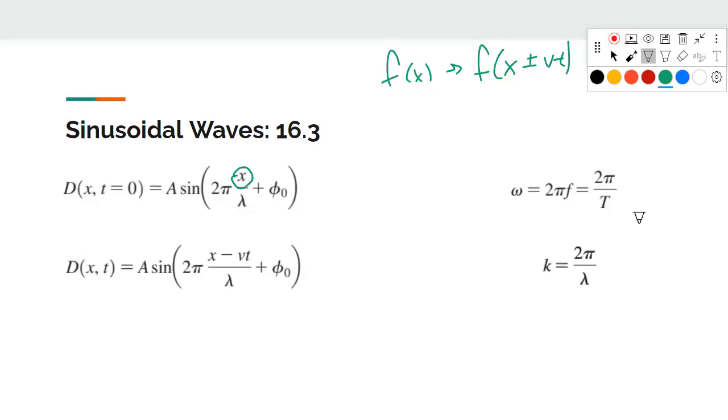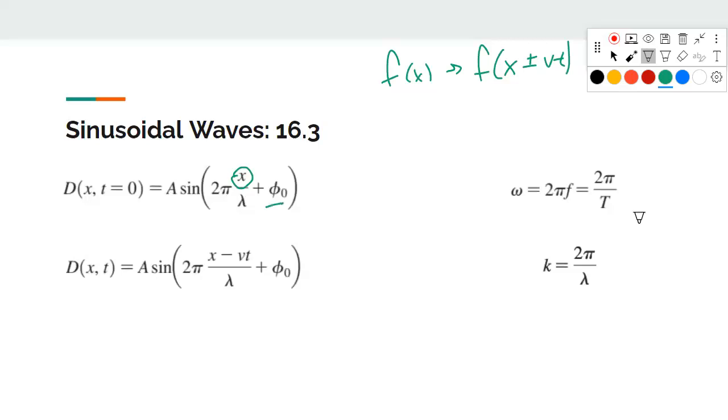So if x over lambda is 1/2, then I've gone through half a cycle of my wave. And then by multiplying that by 2 pi, which is the number of radians per cycle, I've converted that fraction into an angle. So that's why we have 2 pi x over lambda: we're converting a position into a relative location on the wave based on the wavelength, and then turning that into an angle.